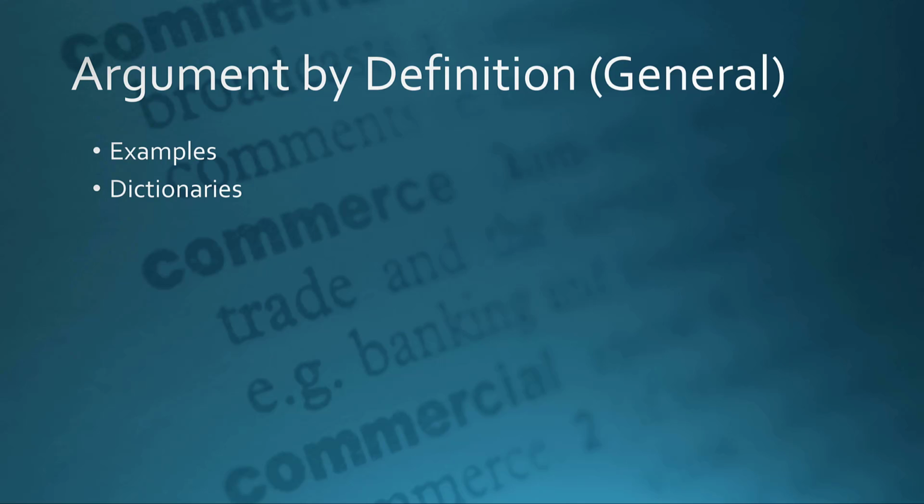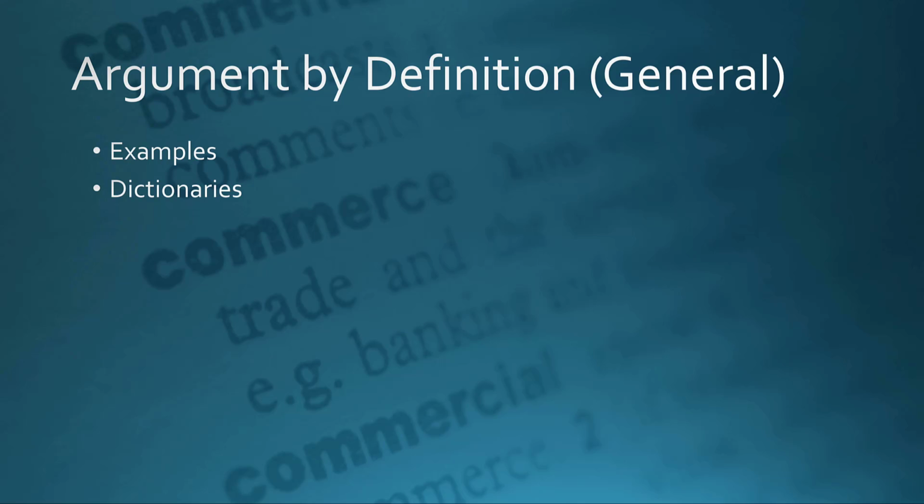Now, since an argument by definition involves definitions, and dictionaries are full of definitions by definition, it's not surprising that people would often turn to the dictionary to give an argument by definition and reference the dictionary, either like the classics, like Webster's dictionary, or online dictionaries.